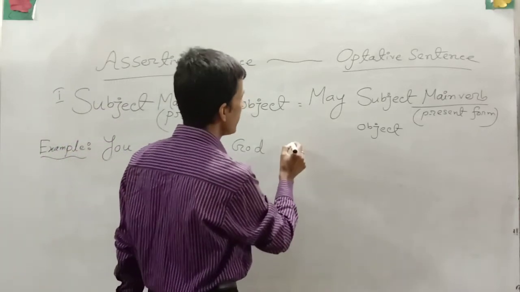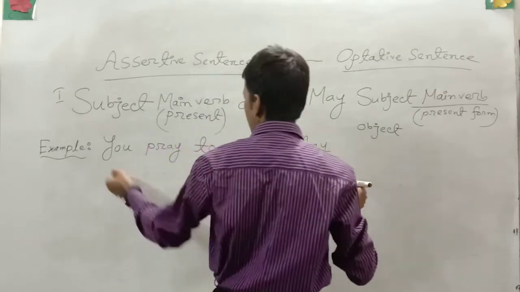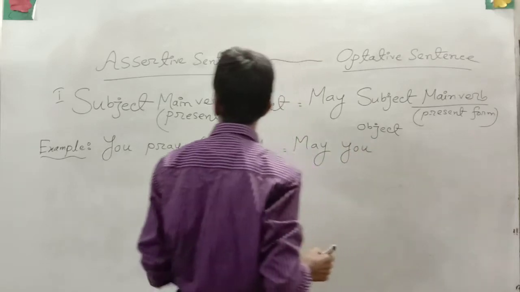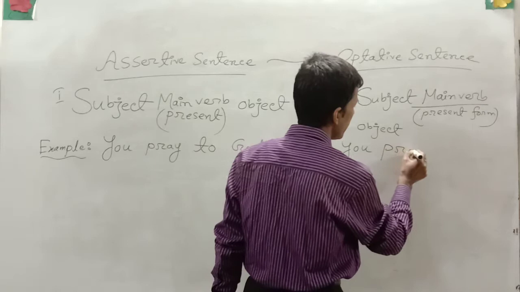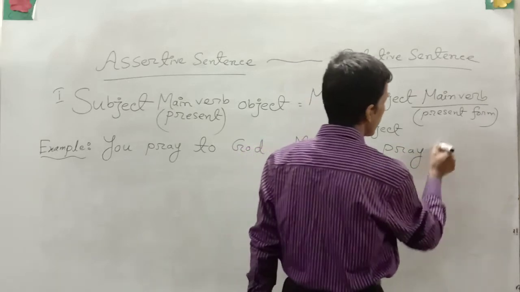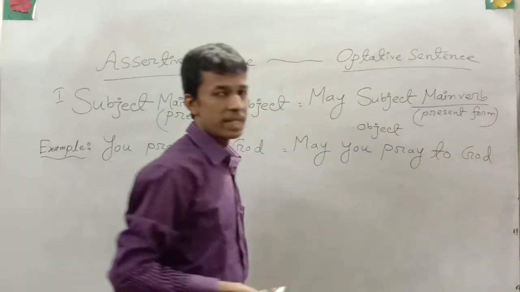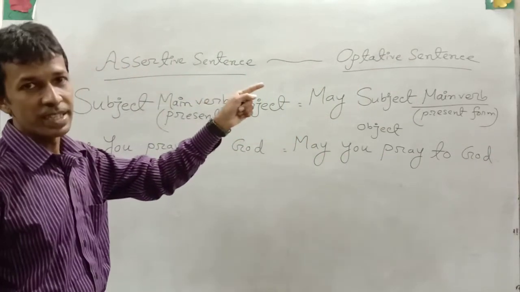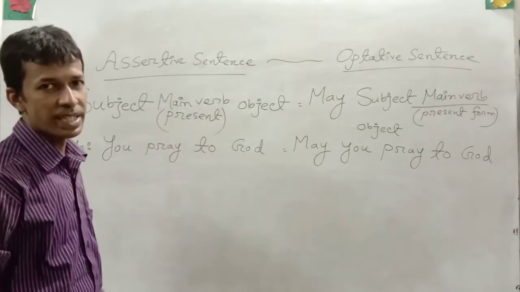Your optative sentence must be started by writing may. Then the subjective case will be transferred into the second part. And in the third part, you will write the main verb in the present form and at last the object. This is the first example of transferring from assertive to optative sentence, and in the reverse way, an optative sentence can also be transferred into an assertive sentence.